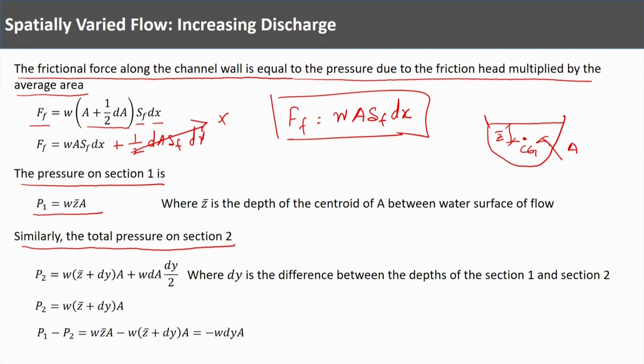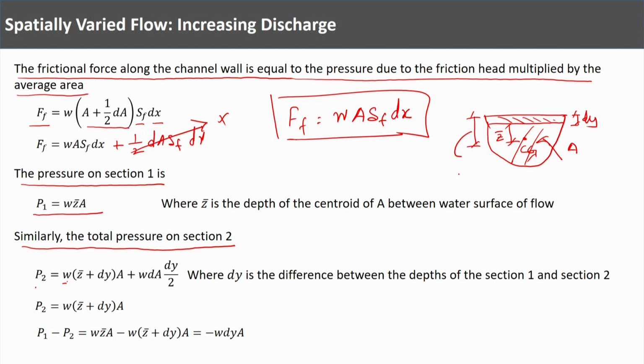Similarly, I can find out the pressure at section 2. Pressure at section 2 is P2, which is W. Now this distance is your dy. Therefore, I have to take the moment of this area and then the moment of dy. If I take the moment of section A, I am getting W, Z bar plus dy, since the centroid is here.